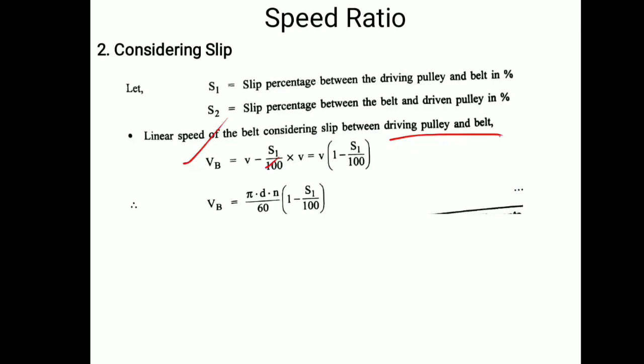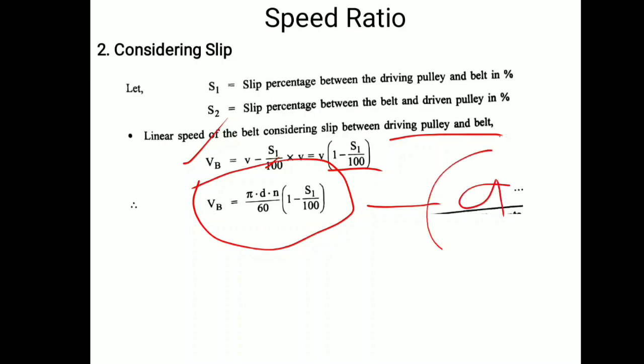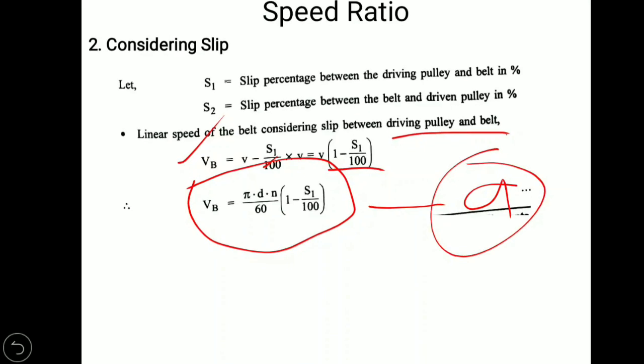So this will be the equation for velocity: first we consider velocity and subtract the velocity with respect to slip, that is V minus S1 by 100 into V. We take V common and get the relation V into (1 minus S1, slip of first pulley, that is smaller pulley, divided by 100). So I'll convert this. V is nothing but pi dn by 60, and (1 minus S1 by 100). This would be your first equation related to driving pulley and belt linear speed. Clear? Next.